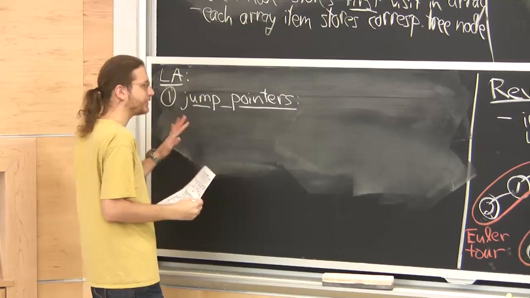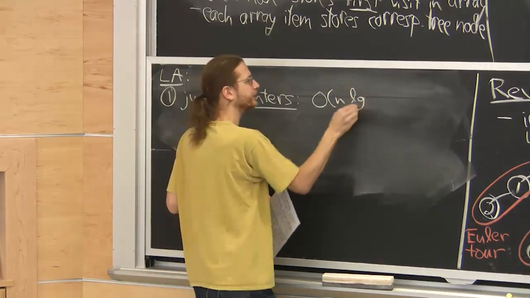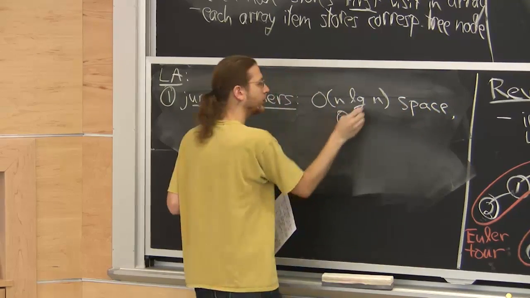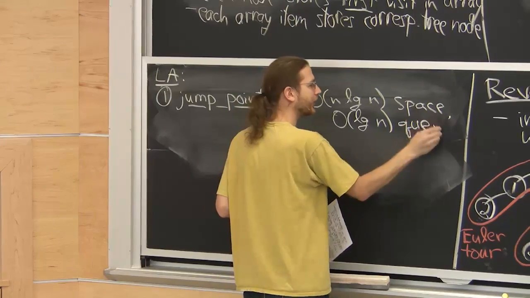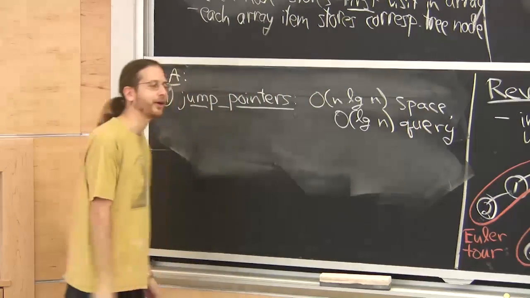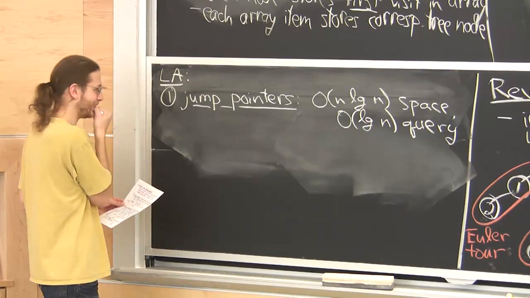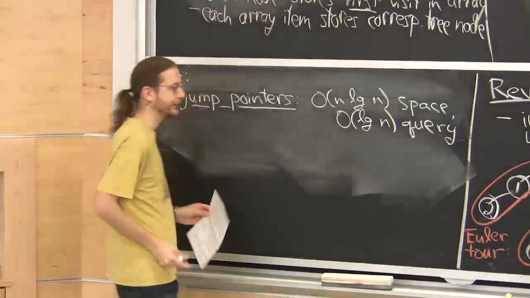Each of the pieces is going to be pretty intuitive, not super surprising. But you take all these ingredients that are all kind of obvious, you stare at them for a while, and then you put them together and it works. It's like magic. All right, so first goal is going to be n log n space, log n query.